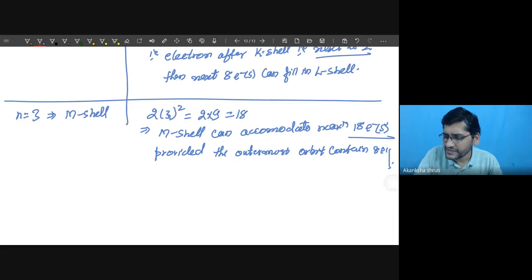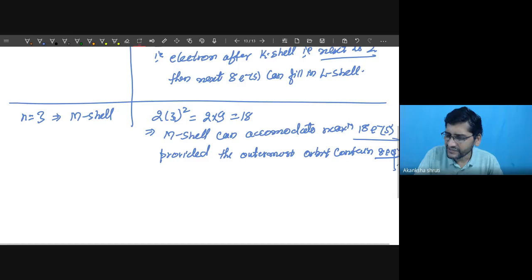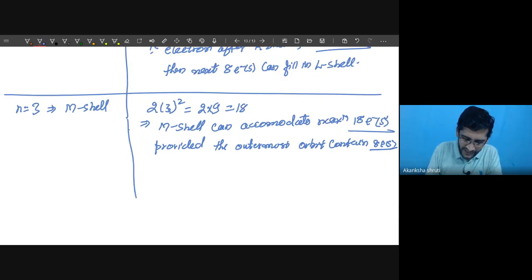What do we mean by this? That we will see later. We will understand this. This is very vital. For that, there is another rule called the octet rule. But let us enumerate quickly this rule, then that rule we will write.